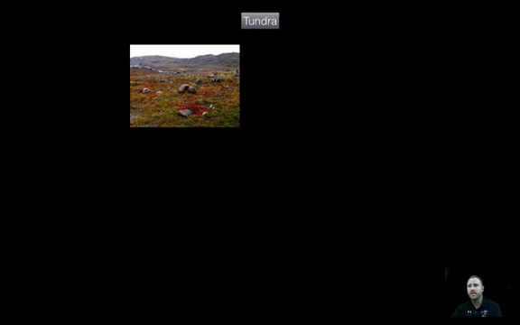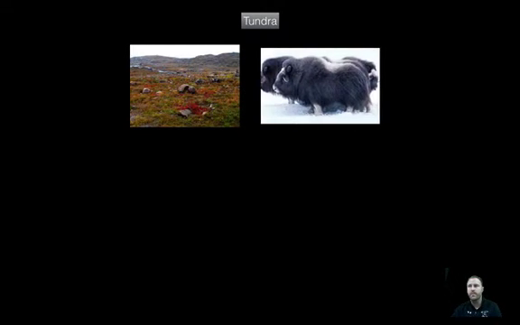Finally, the tundra. The tundra is the coldest biome, and it has an extremely short growing season. It's extremely cold in this biome. There's no more precipitation than in a desert, so oftentimes some of these areas can be considered a desert, due to our definition of having less than 25 centimeters of rainfall per year.